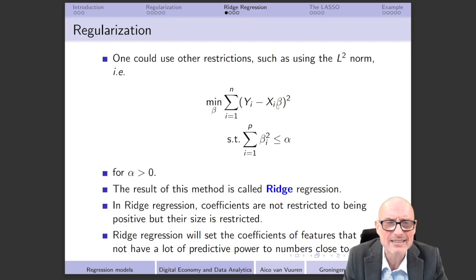So at least as long as alpha is not too large. Of course, if alpha is really, really large, in such a way that you have the unrestricted regression anyways, then there is no problem. But at the moment that alpha is not too large, it will always be possible to improve this relationship by increasing some of the betas in such a way that you get an equality rather than an inequality.